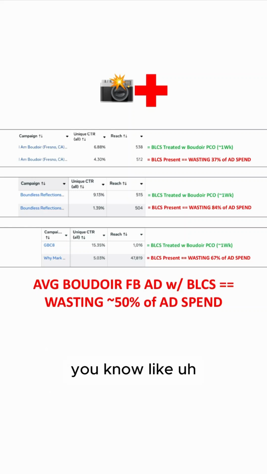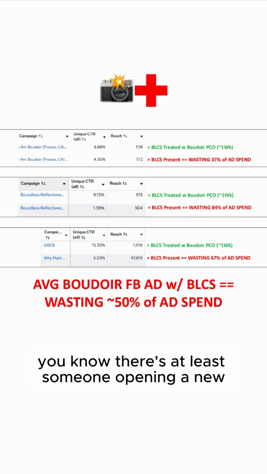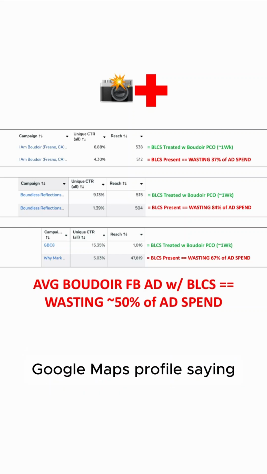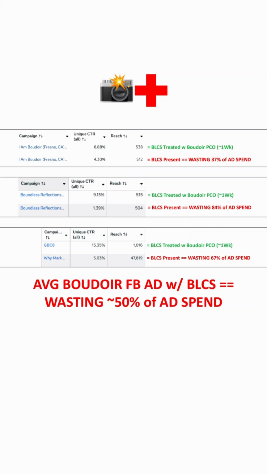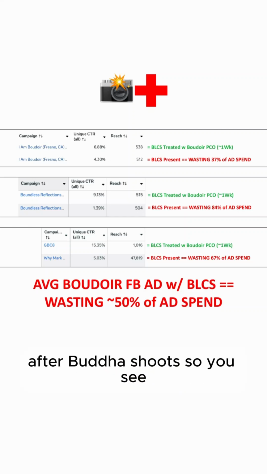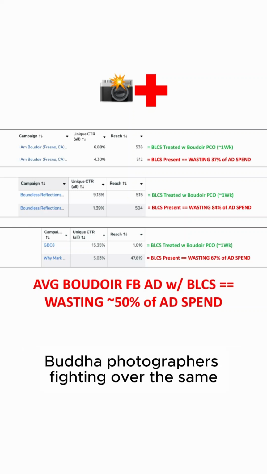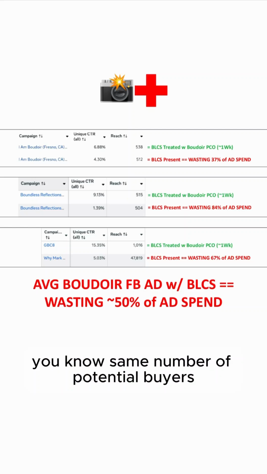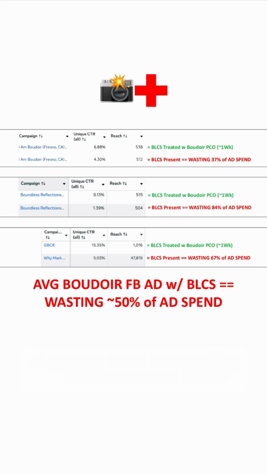Like every time someone gets a new iPhone, there's at least someone opening a new Google Maps profile saying they now shoot boudoir, or someone gets a new camera and is saying in the mom groups that they offer boudoir shoots. So you see it's getting more and more boudoir photographers fighting over the same number of potential buyers. So again, more competitive, harder to stand out.